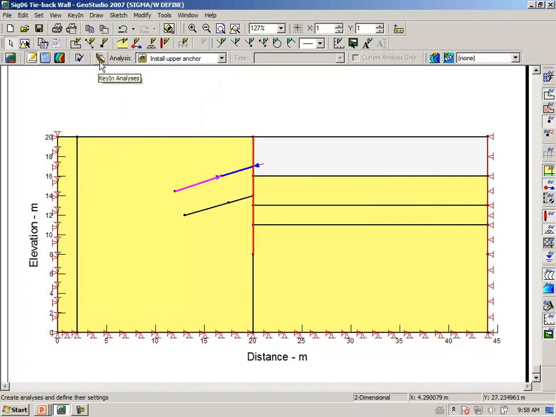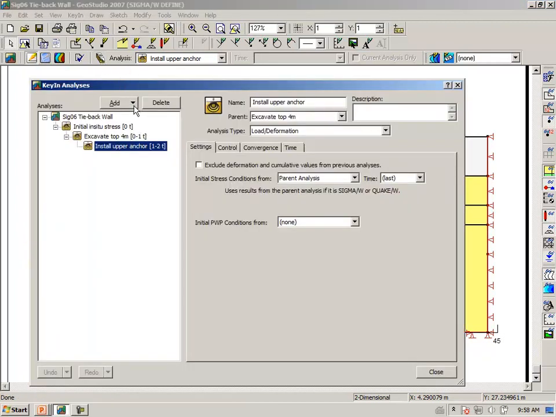Going back then to the key-in analyses, we'll clone the simulation of the installing of the upper anchor, and this time we want to excavate 3 meters, and the parent now becomes the install upper anchor.